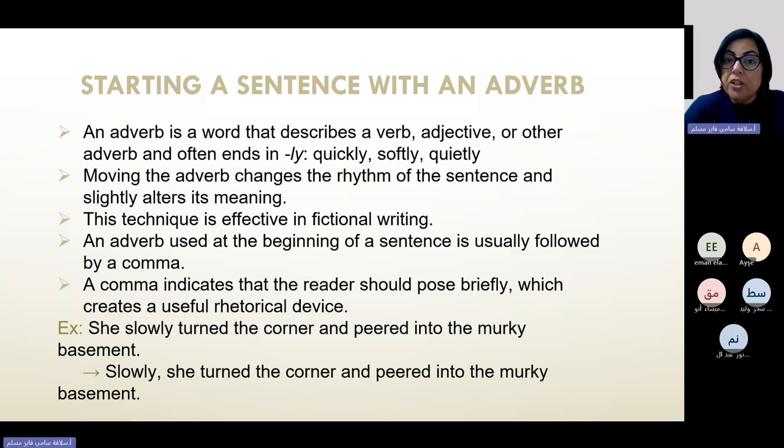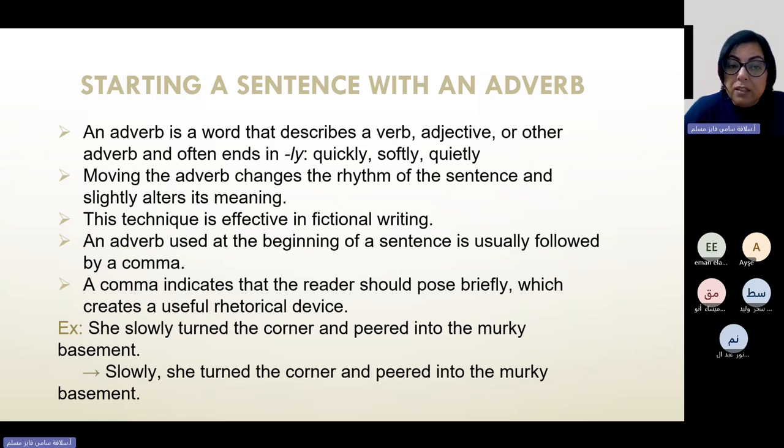Moving the adverb changes the rhythm of the sentence and slightly alters its meaning. Didn't we say that we can put the adverb at the beginning, in the middle, or at the end of the sentence, but it has specific places? Okay? When we change the place of the adverb, the focus of the content shifts a little bit. The focus shifts. It could be on the subject, on the verb, or on the sentence complement. It depends where you put your adverb. Okay? This technique is effective in fictional writing.